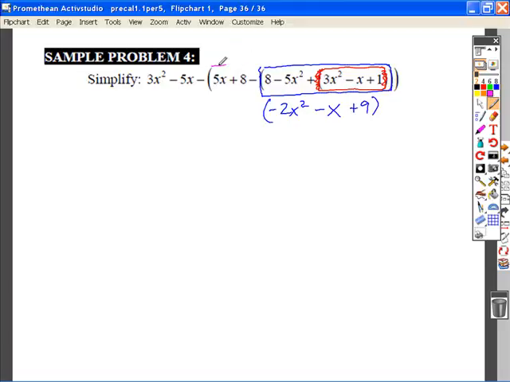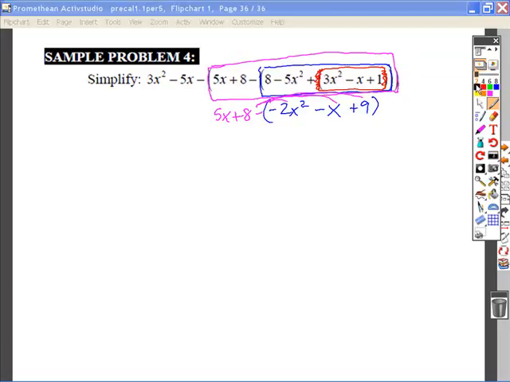Okay, let's move outside to the next set of grouping symbols here. And we do have to distribute that negative. So if I bring these terms down, I'm going to distribute the negative through here. The purple is already written here, so I'm just going to distribute my negative and rewrite everything. And I, again, suggest that you rewrite it in some vertical stacking format that allows you to combine your like terms in a visual way, not just a horizontal combining.